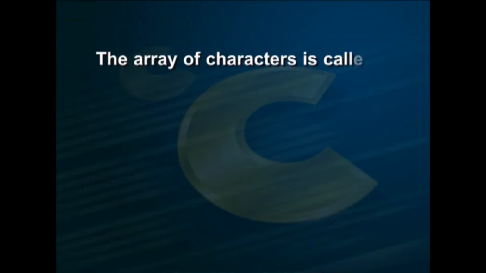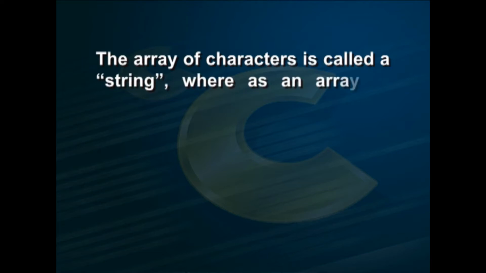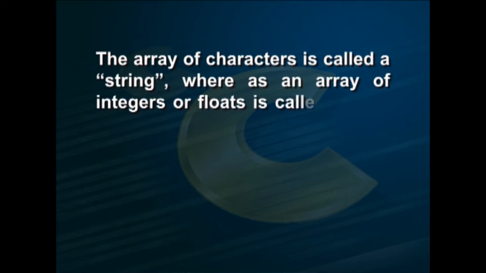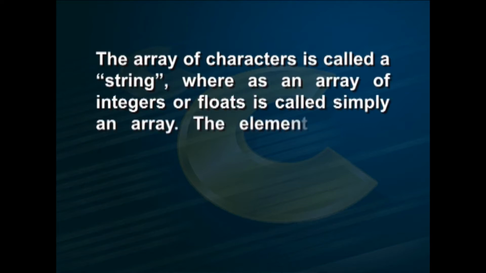Thus, an array is a collection of similar elements. These similar elements could be all integers or all floats or all characters, etc. Usually, an array of characters is called a string, whereas an array of integers or floats is called simply an array.